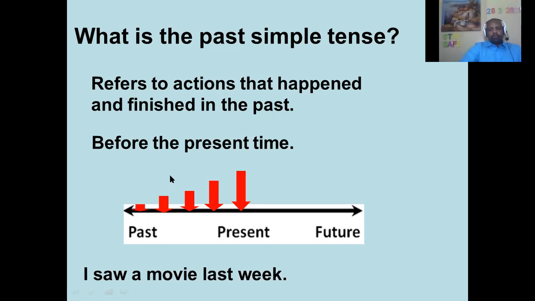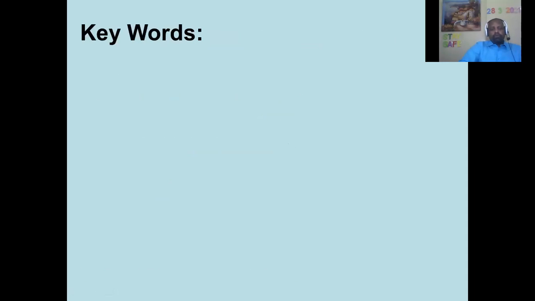Good. Read this example. I saw a movie last week. Saw is the past form of see. When is that? Last week, past time. We have keywords. The time you read them or you look at them, that's the past simple tense.